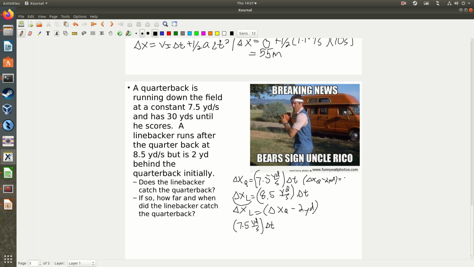It's supposed to be 8.5 yards per second. Why did I put 7? I guess I was struggling to get that in here. Sorry about that. So we have 7.5 yards per second times delta T, that's in for delta XQ, minus your 2 yards, and that's going to equal 8.5 yards per second delta T.